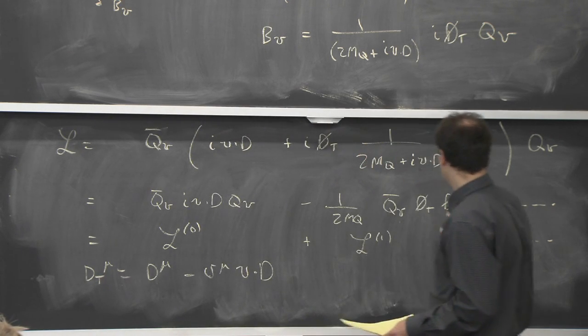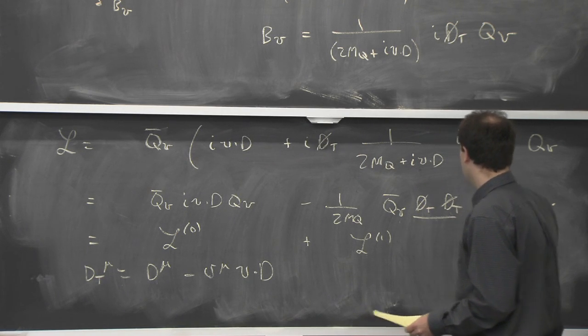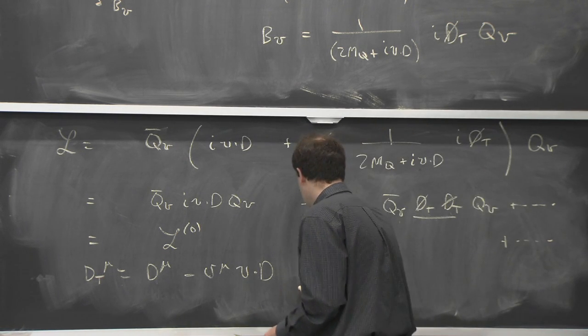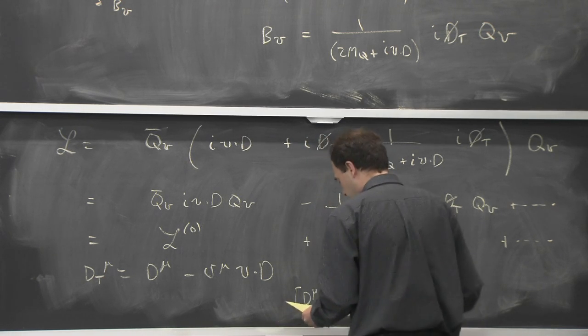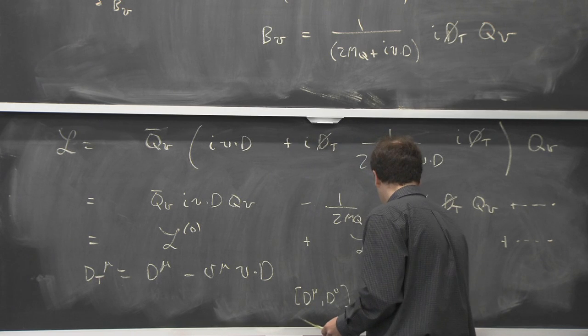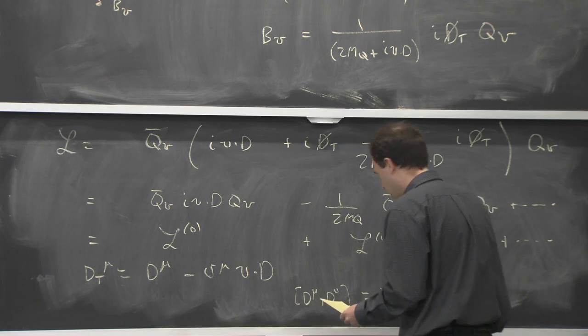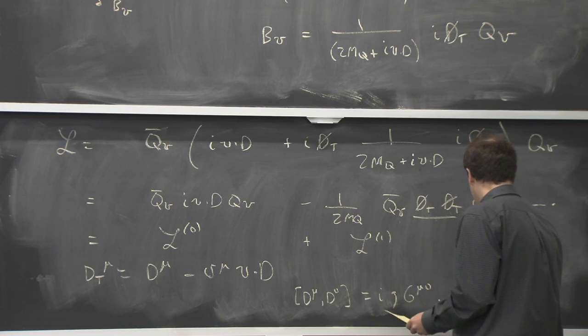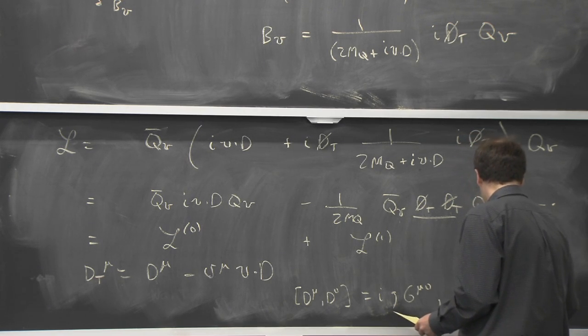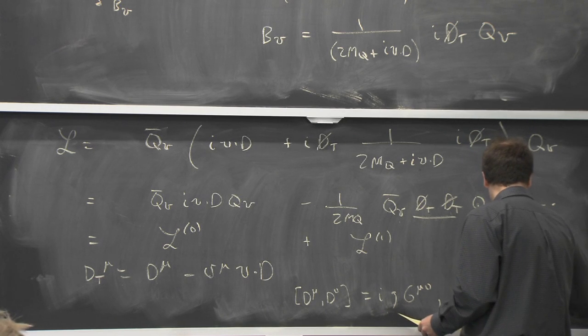So what I want to do to simplify this guy here is I'm going to write it in terms of a field strength by using the fact that the commutator of 2 Ds gives me a G, and the commutator of 2 gammas gives me something I can call sigma.